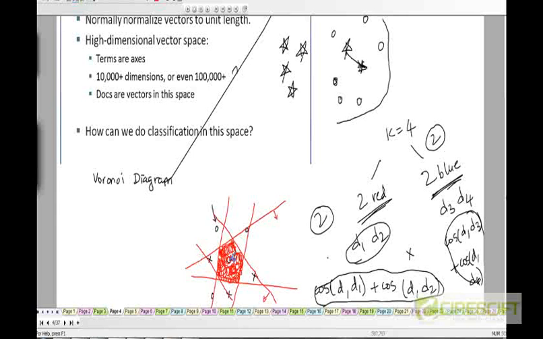There are many analogies you can give to this. For example, if you think of each of these points as a cell phone tower, then the Voronoi region for every point is the region that the tower serves. Or if you think of each of these points as different stores of a supermarket chain, then the different regions correspond to residential areas which are served by that particular store.